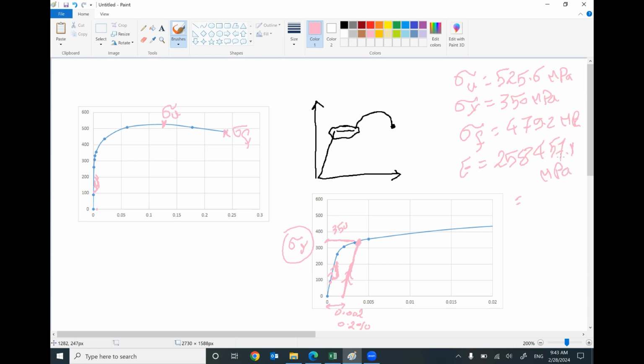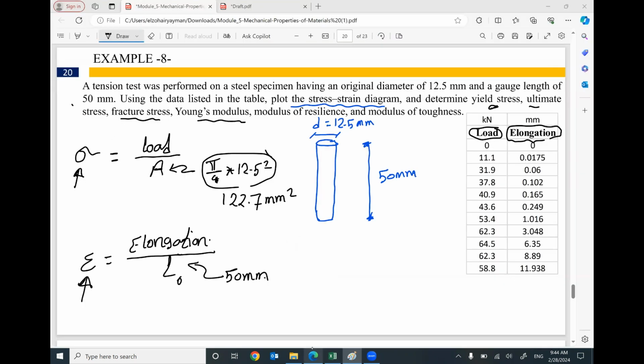Or you can divide it by 1000, it will be 25.8 gigapascal. I just divided this value by 1000, so I converted from megapascal to gigapascal. This is the value of the Young's modulus.